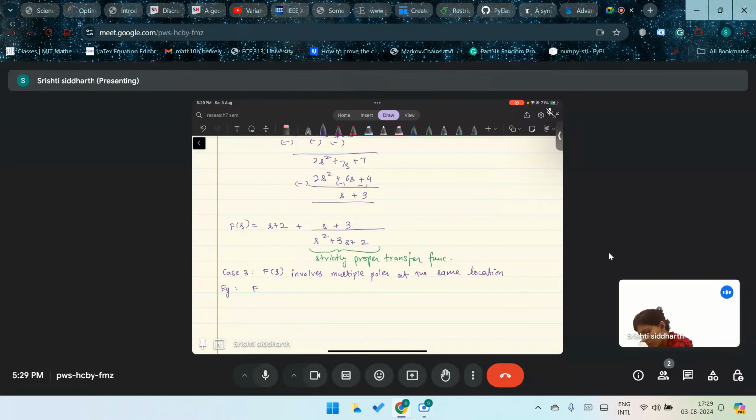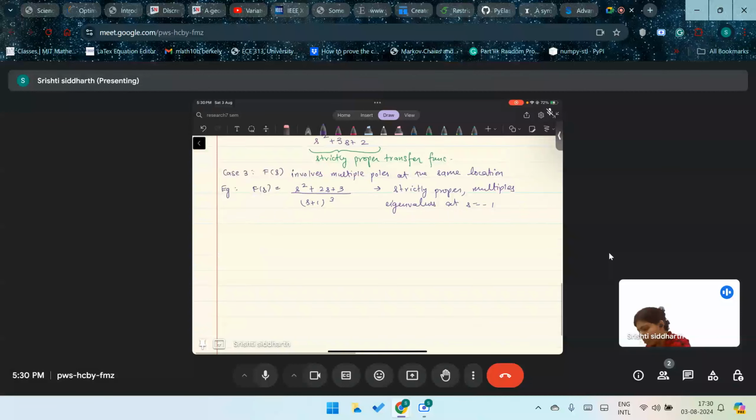This is going to be F(s) equals (s square plus 2s plus 3) over (s plus 1) cube. So this is strictly proper, but has multiple poles or eigenvalues at s equals minus 1.